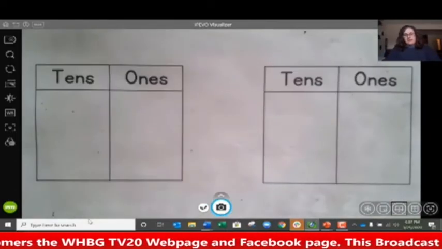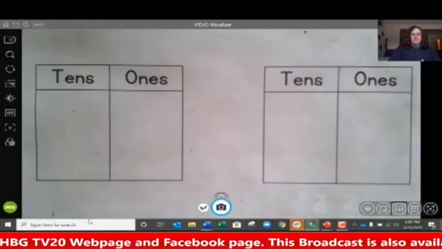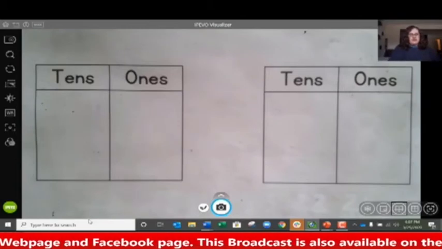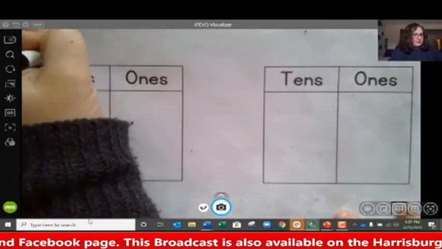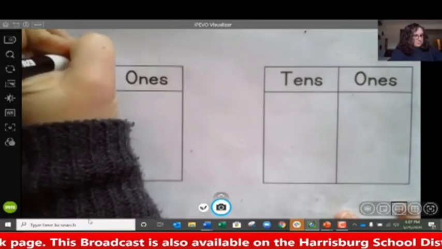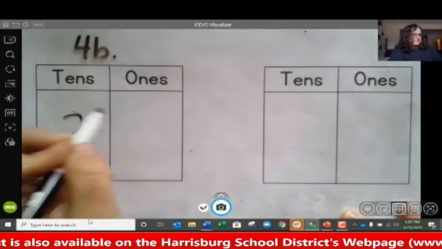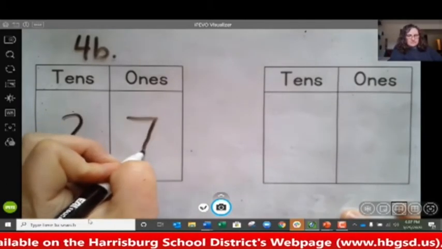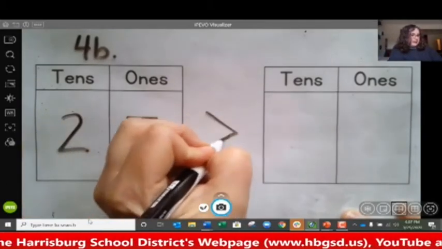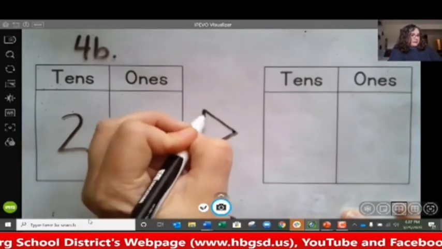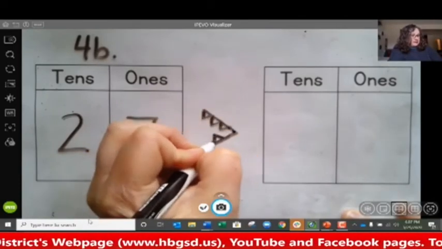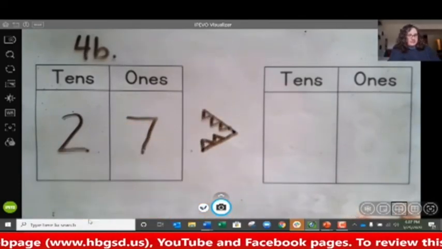Before we go today, I want to close by looking at a couple of the problems we didn't do. I'm going to look at 4B, and 4B has a 2 in the tens place, a 7 in the ones place, an alligator mouth or a greater than sign that points towards the 27.